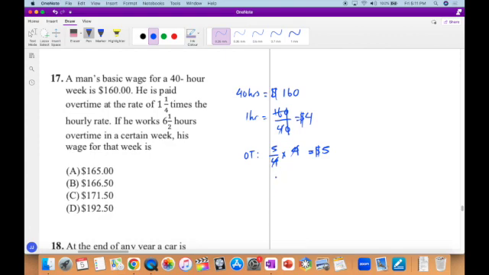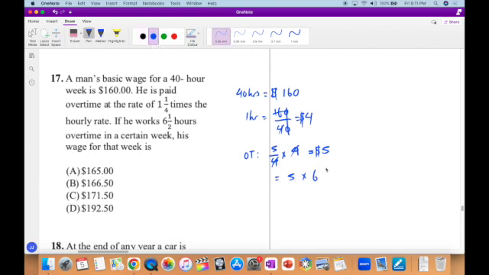So he will get $5 per hour multiplied by 6.5. That is 13 over 2 maybe, but I guess we don't have to do it like that.